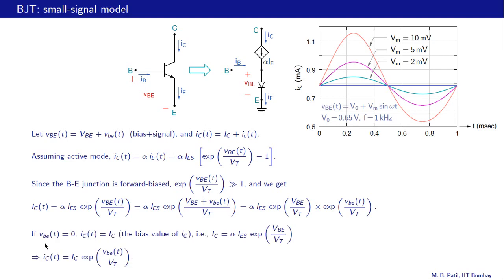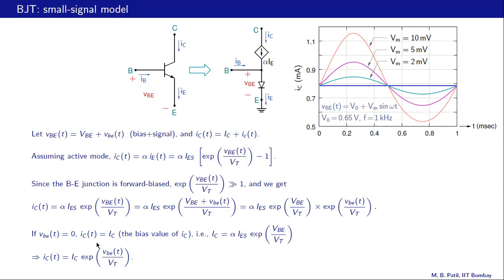Now if the small v sub small be, this time varying part, is 0, then what do we have for the base emitter voltage? It is simply this constant value, in our example 0.65.